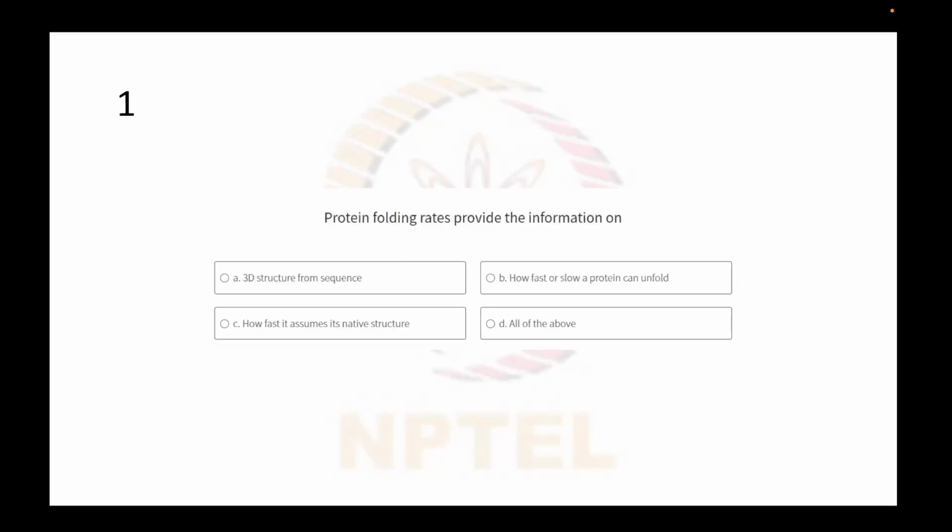So the first question in the quiz today is: protein folding rates provide the information on what?